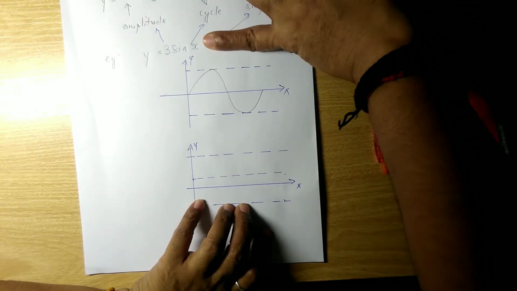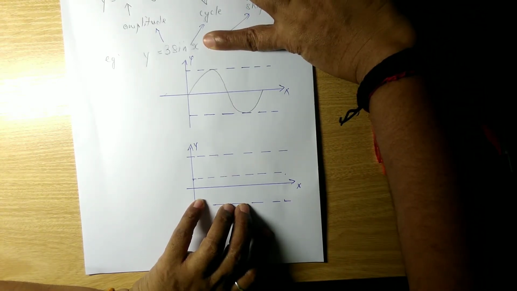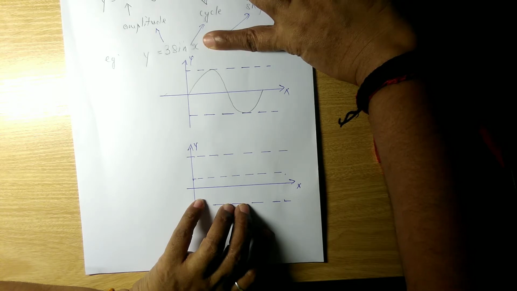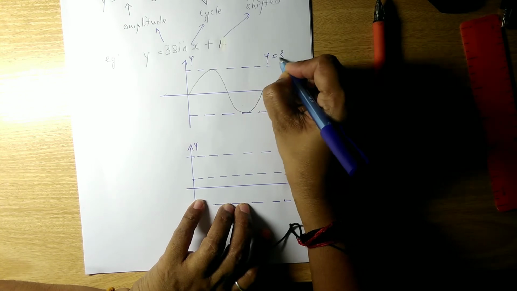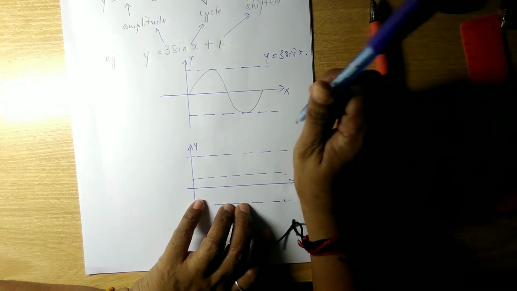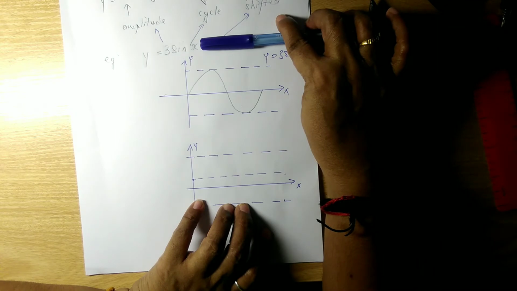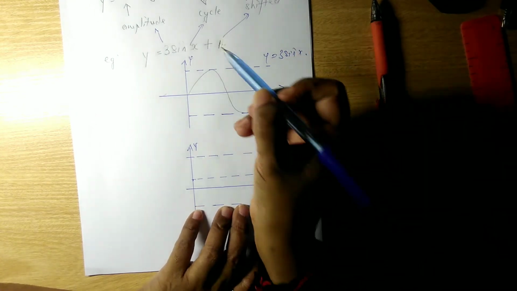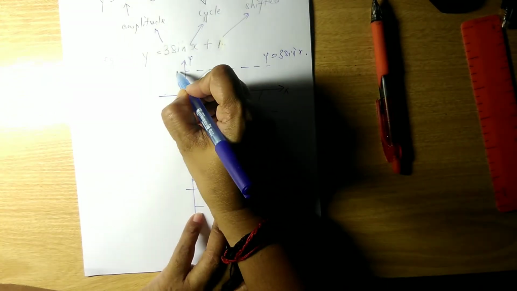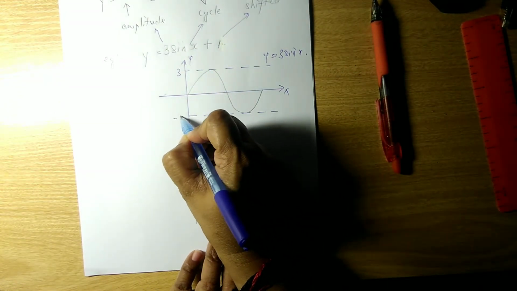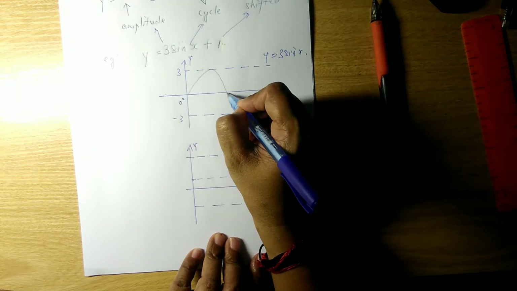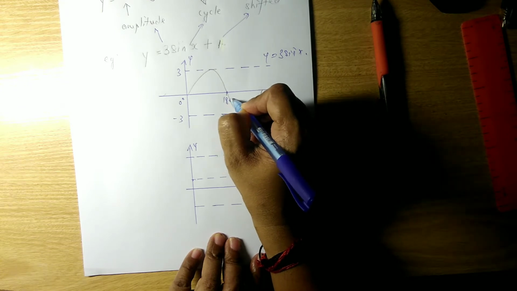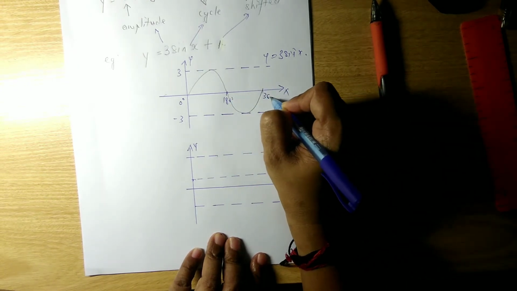It's just y equals 3 sine x. Amplitude 3 here means this is 3 and this is negative 3. Your points of intersection, which you need to know, are at 180 and at 360 degrees.